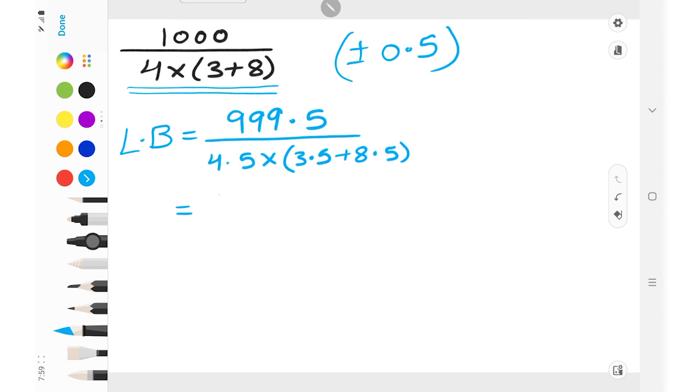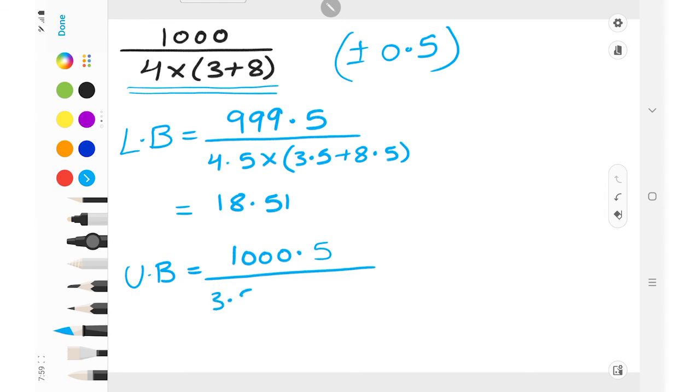And I will get 18.51. For my upper bound, it's 1000.5, the upper of the top, and the lower for the bottom part, 3.5 multiplied by 2.5 plus 7.5, which is equal to 28.59.